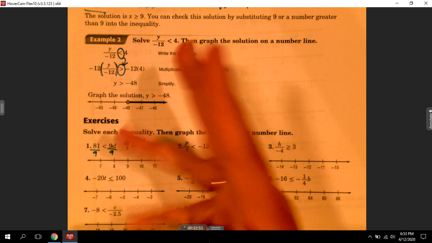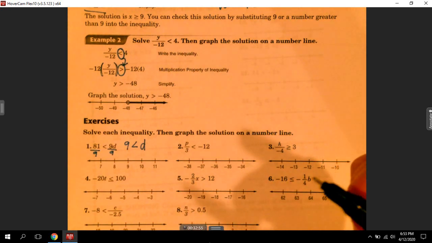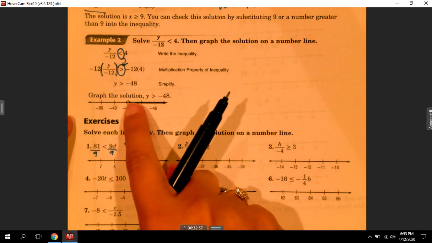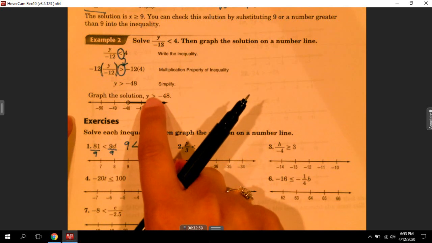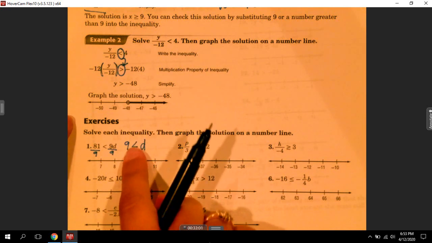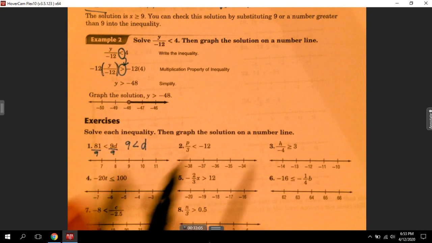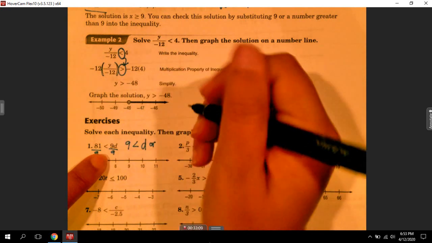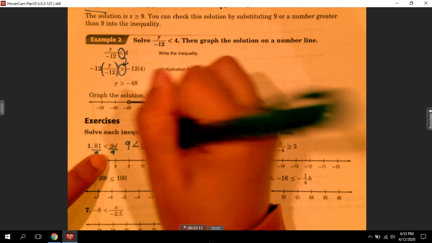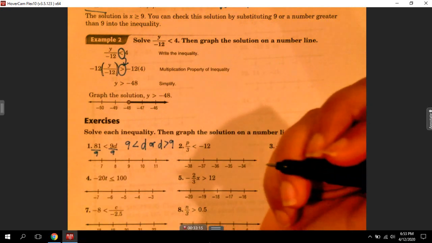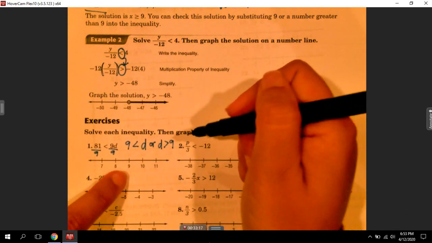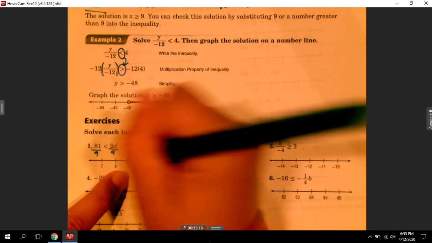Or this is where it's important that you change it, because if you're going strictly off of drawing your line in the direction of your symbol, if you don't switch your D to become the first, it's going to be opposite of the way the symbol is, okay? So I'm going to go ahead and write this as D is greater than 9, okay? So because it's greater than, it's an open circle.